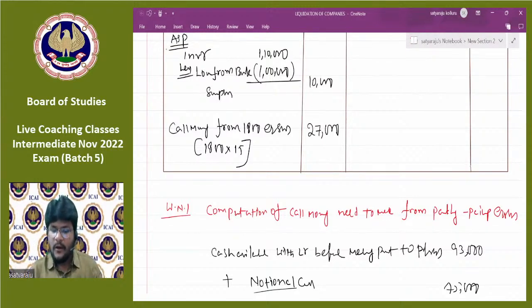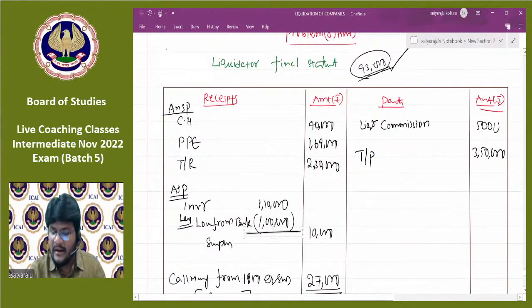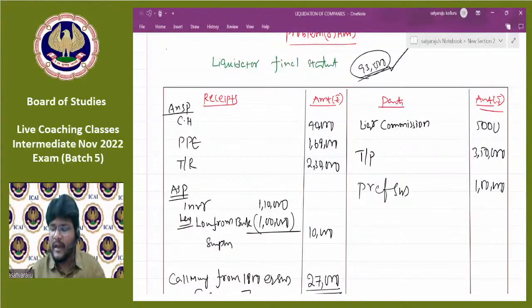Once these equity shareholders contribute 27,000, the real cash available with the liquidator is 93,000 plus 27,000, which is 1,20,000. Then he can make payment to preference shareholders of 1 lakh. Still, 20,000 cash is available with the liquidator.